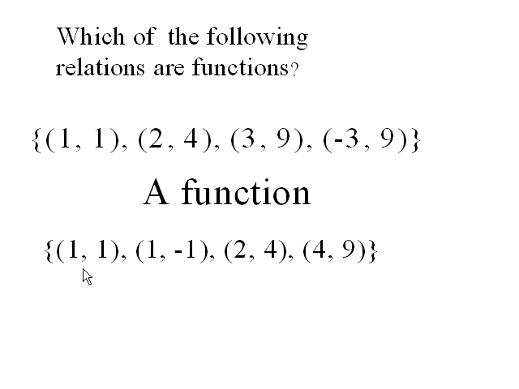Another example: (1, 1), (1, -1), (2, 4), and (4, 9). In this case, x equals 1 goes with y equals 1 from the first ordered pair. x equals 1 goes with y equals -1 on the second ordered pair. And that's a problem, because if I were given 1 and tried to apply this rule, I would not have a unique y value.